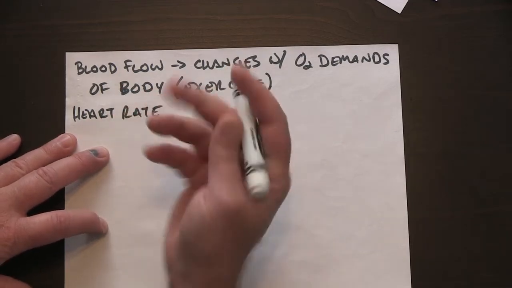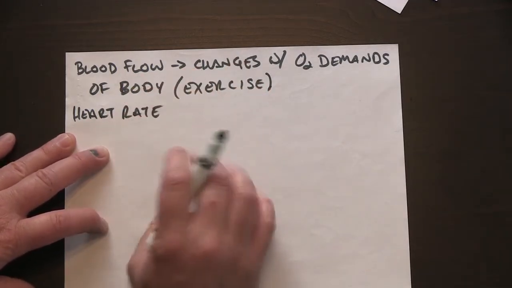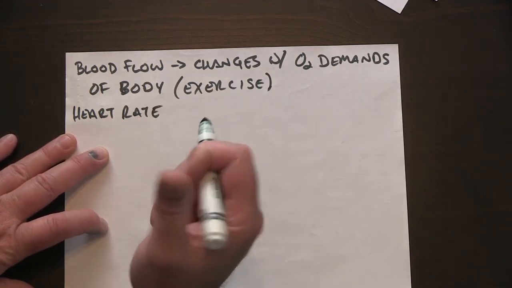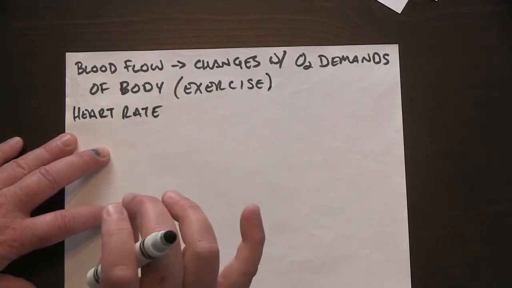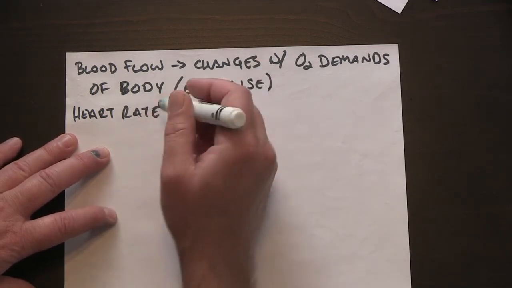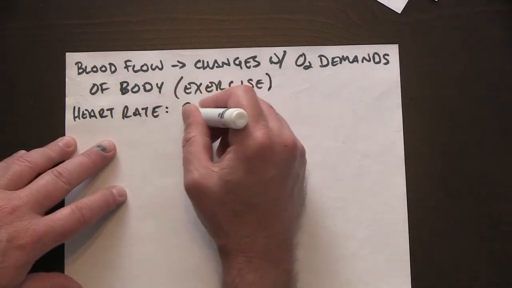Like I said, there's this intrinsic, a sort of built-in rhythm to it. And if you need more, you can just tell the heart rate, hey, increase. Or if you want it to relax, we'll talk about that in a second.